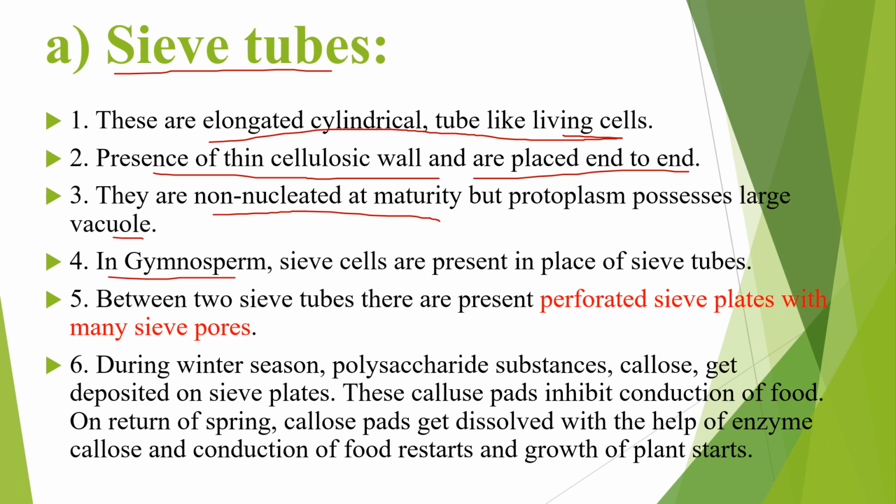In gymnosperms, sieve cells are present in place of sieve tubes. Between two sieve tubes, there are perforated sieve plates with many sieve pores.